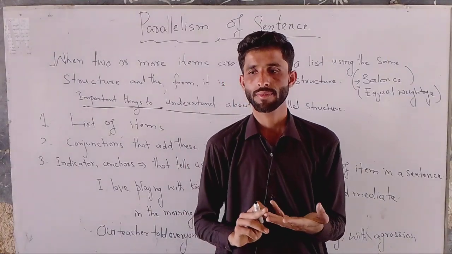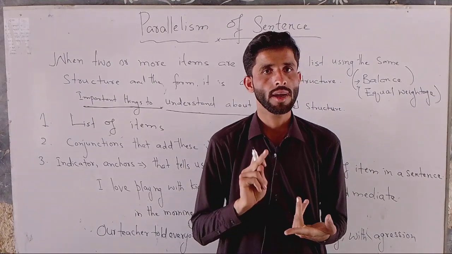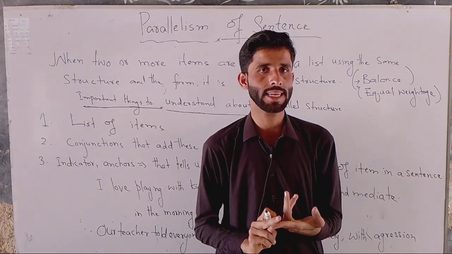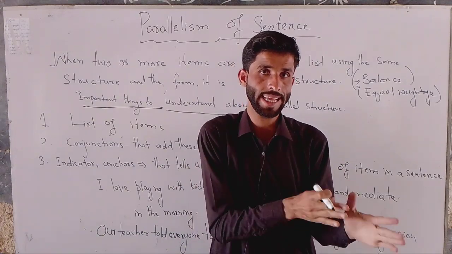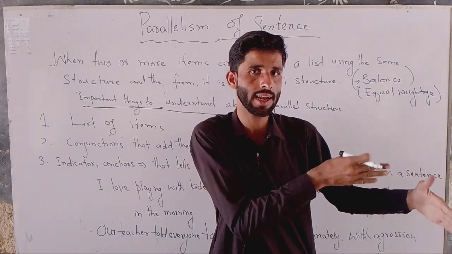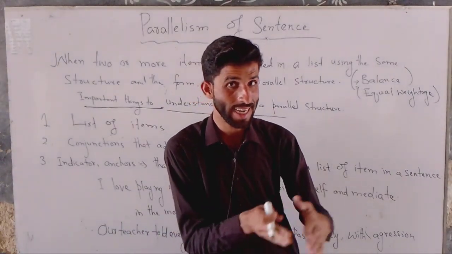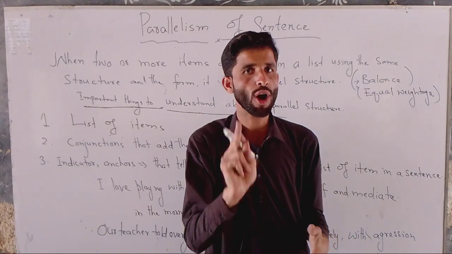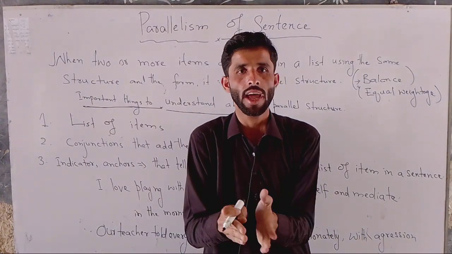For example, he is wiser and more intelligent than Ali. Wiser and intelligent. For example, he is wiser and intelligent than Ali. Wiser is in comparative form and intelligent is in positive form. There is a comparison.